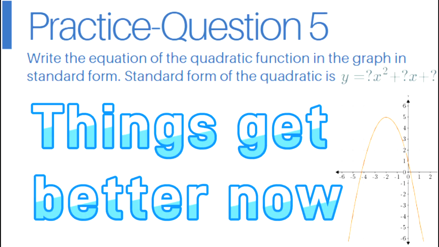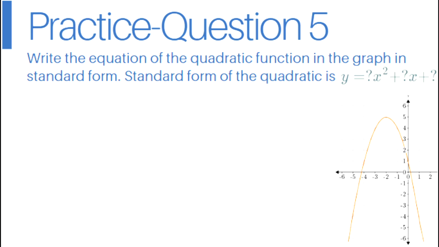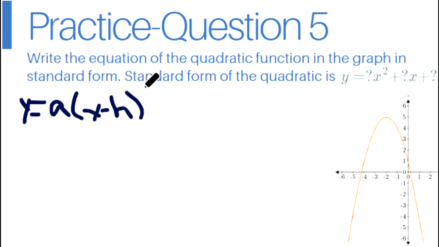Okay, let's try this one. Write the equation of the quadratic function in the graph in standard form. Okay, I'm going to take it slow this time, make sure I'm getting all my steps. The formula is y equals a times x minus h squared plus k. This is the formula we're using.